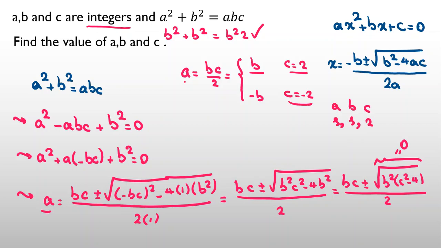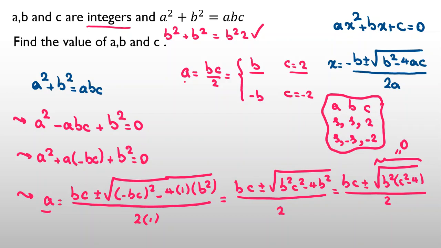The next one, c is negative 2 and a is negative b. If you check a squared plus b squared, it will be okay, and if you multiply, the negatives cancel, so it also works. So a and b don't have the same sign: a is the negative of b, and c is negative 2. We found these two types of answers.